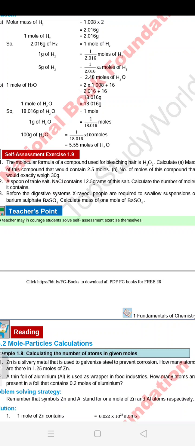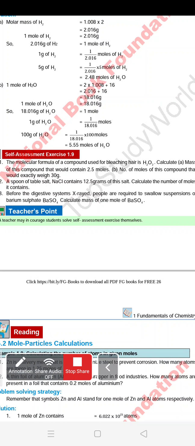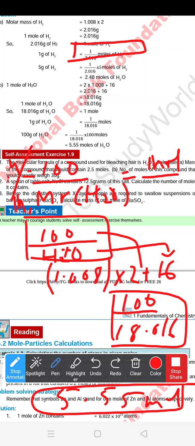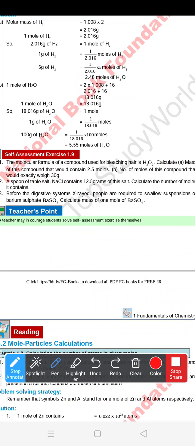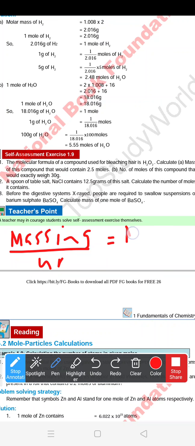Calculate mass in gram of this compound that would contain 2.5 mole. अब आपसे पूछ रहे हैं कि if we have 2.5 moles, then what will be the mass in gram? So the answer will be mass in gram is equal to number of moles into mr. So if we have 2.5, क्या नजर नहीं आ रहा?